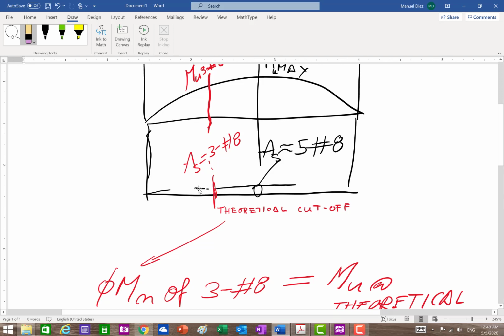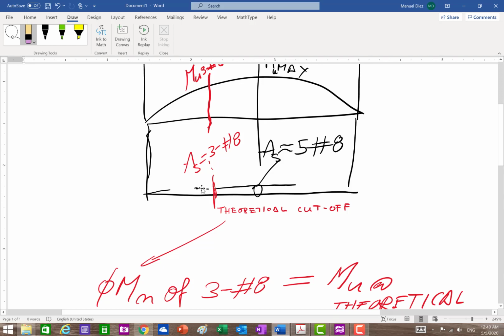But the distance from the maximum case to the end of the bar, past the theoretical, okay, this is the end of the bar, has to be greater or equal than the development length. That's true for positive or negative. All right? So that is the idea.